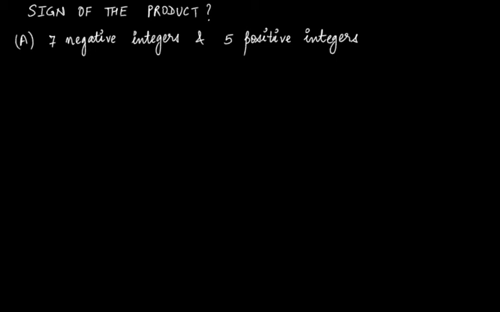In this problem, you have to tell the sign of the product if that product involves 7 negative integers and 5 positive integers.